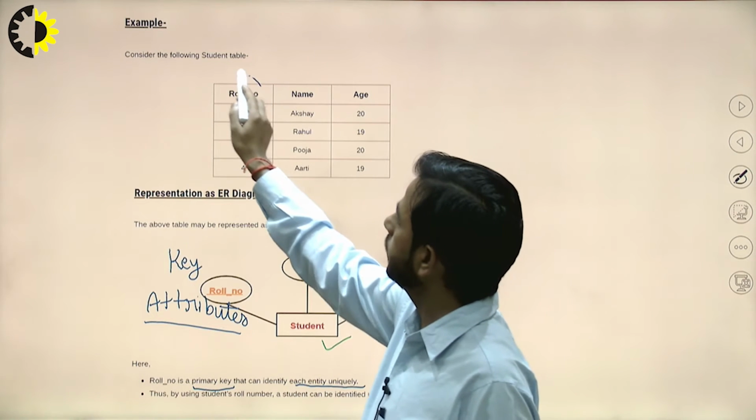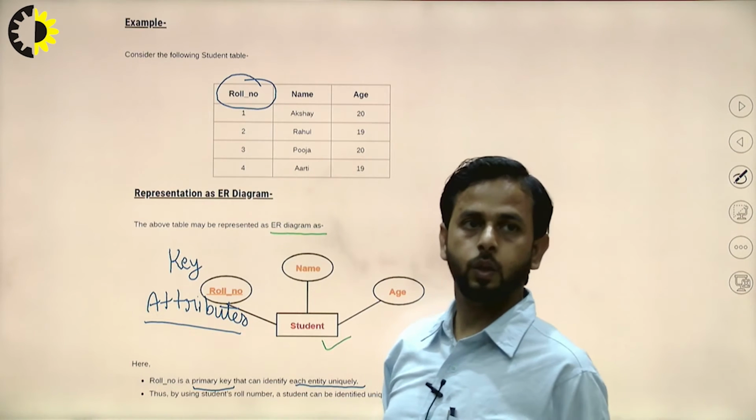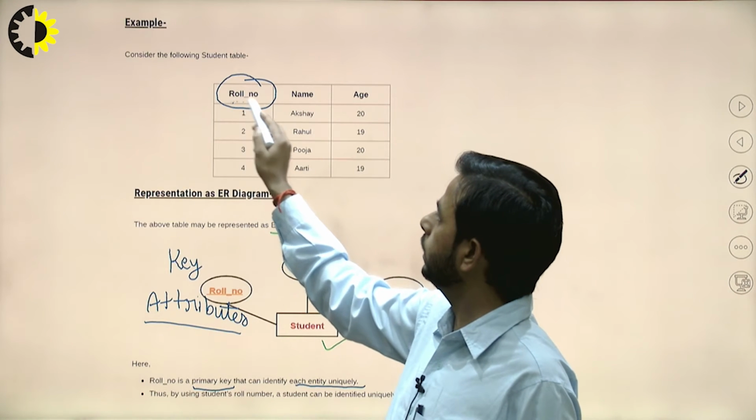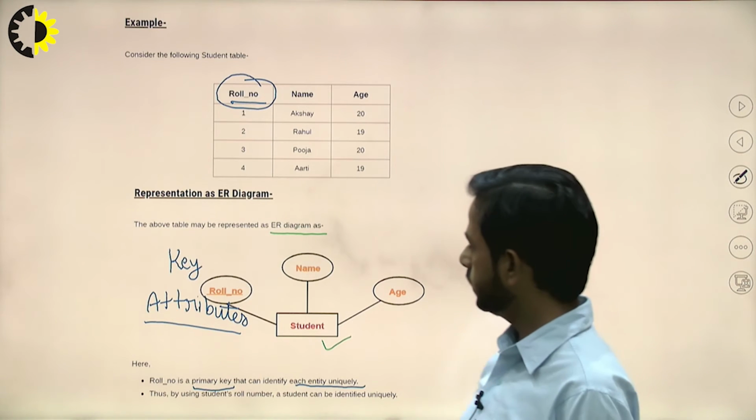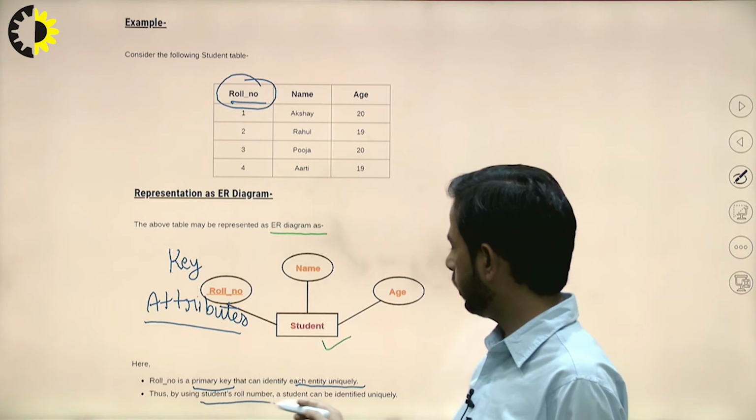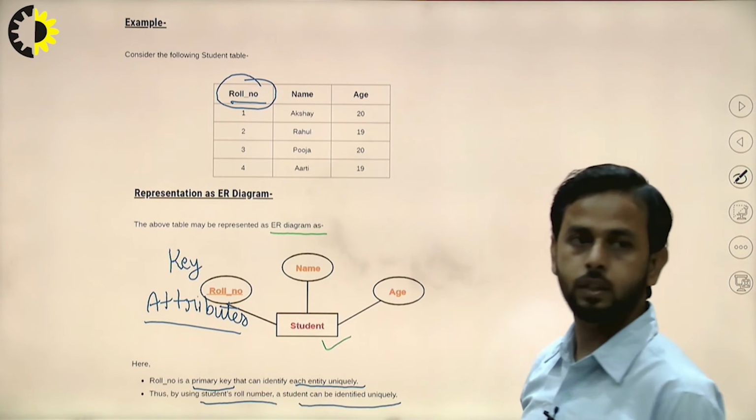Thus, by using the student roll number, a student can be identified uniquely.